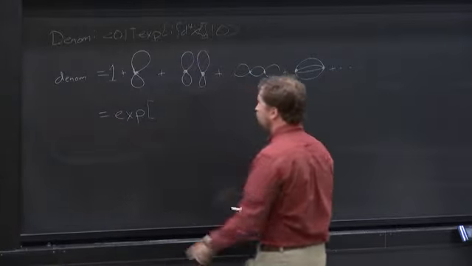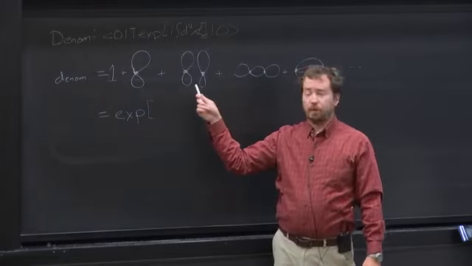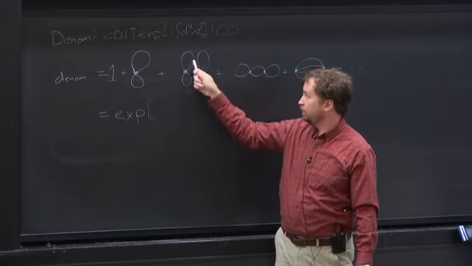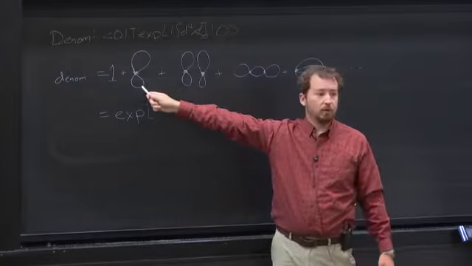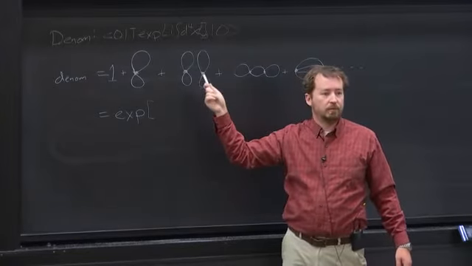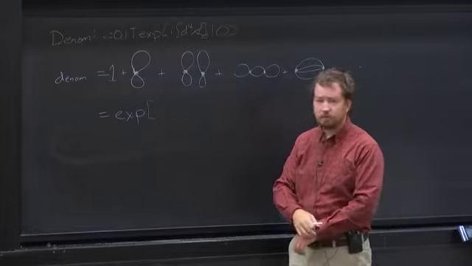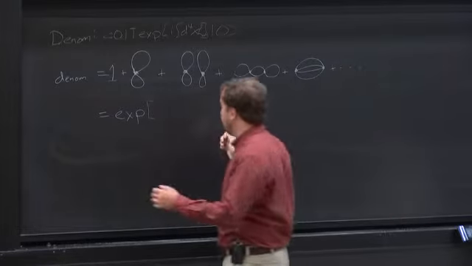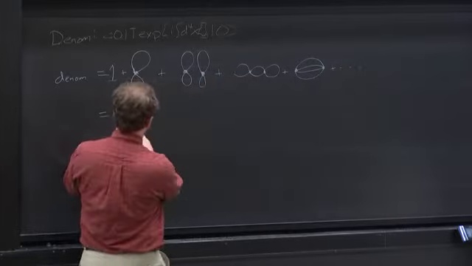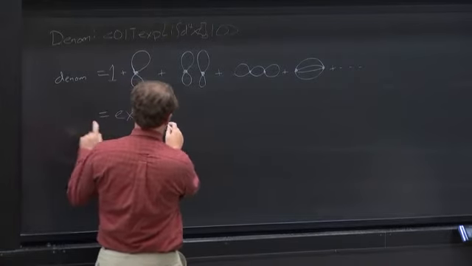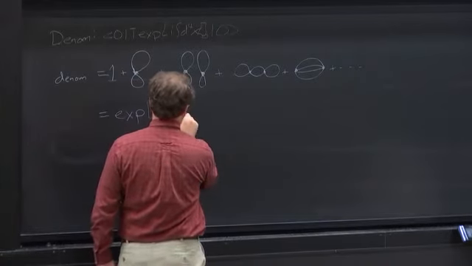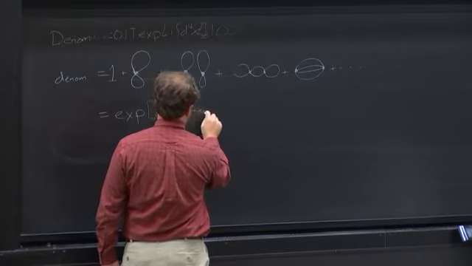Well, our second order expansion already gives us a hint. This diagram looks like the square of this diagram, two copies of this. So the natural guess, which turns out to be correct, is that the denominator is the exponential of the connected vacuum diagrams.